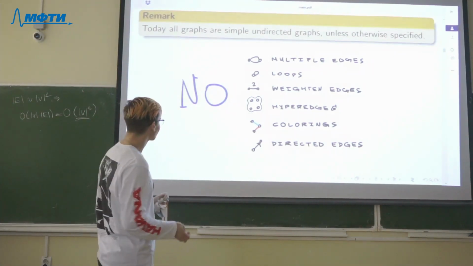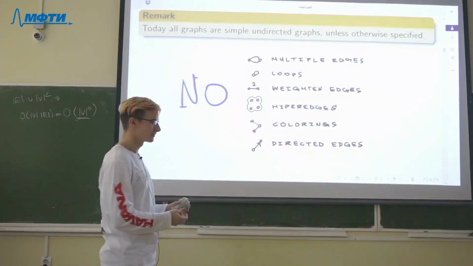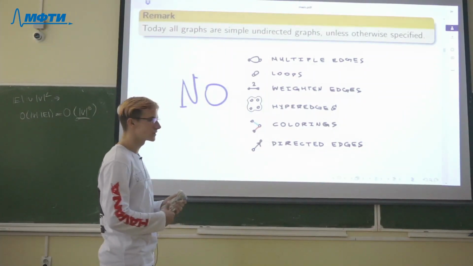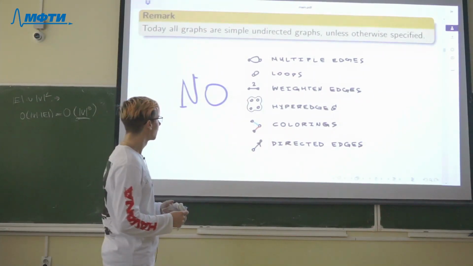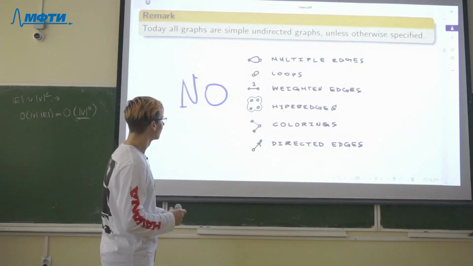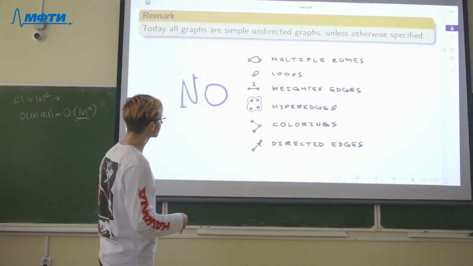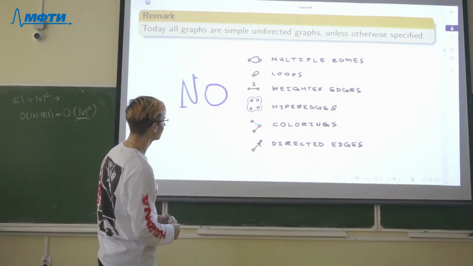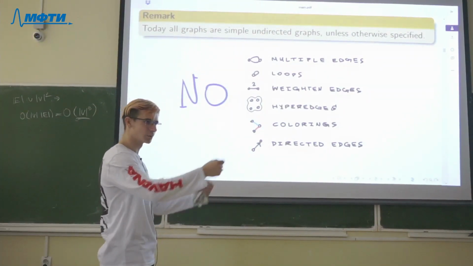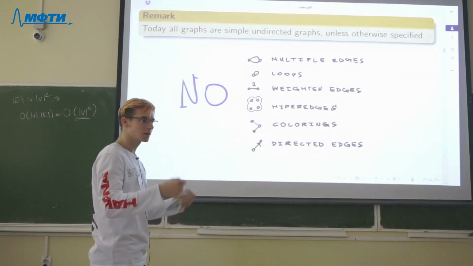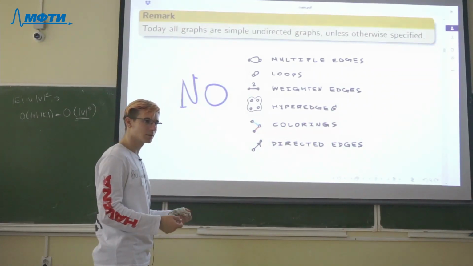But an adjacency or incidence matrix says that an edge connects two vertices and has, for example, weight.